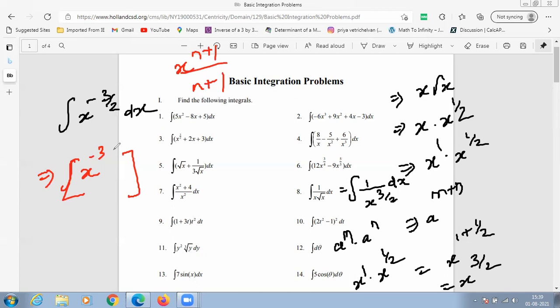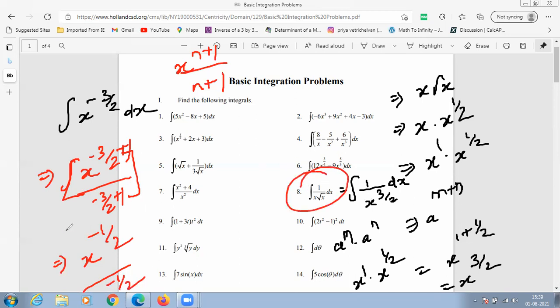So it will be x power minus 3 by 2 plus 1 upon minus 3 by 2 plus 1. So it's going to be x power minus 1 by 2 upon minus 1 by 2. So that is the result for question number 8. I hope it is clear. We'll move on to the next question.